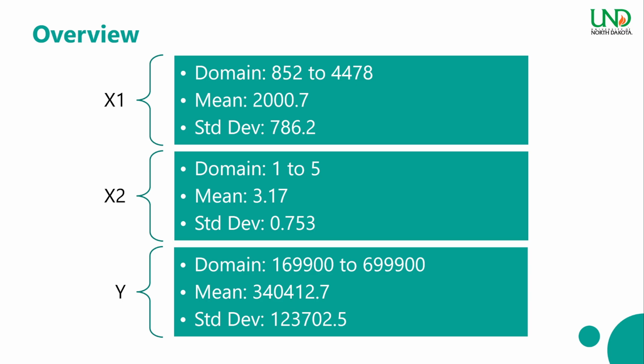So in this project, we aim to explore the relationship between three variables, x1, x2, and y, using multiple linear regression through a custom implementation in Python. Multiple linear regression allows us to quantify how well independent variables, such as x1 and x2, can predict the dependent variable y.